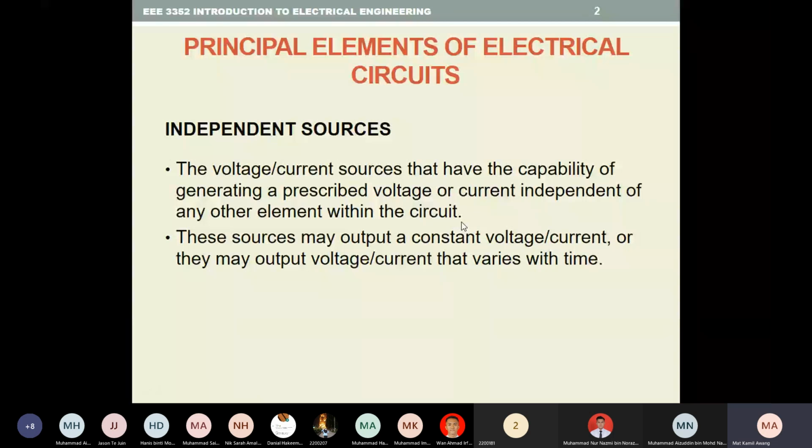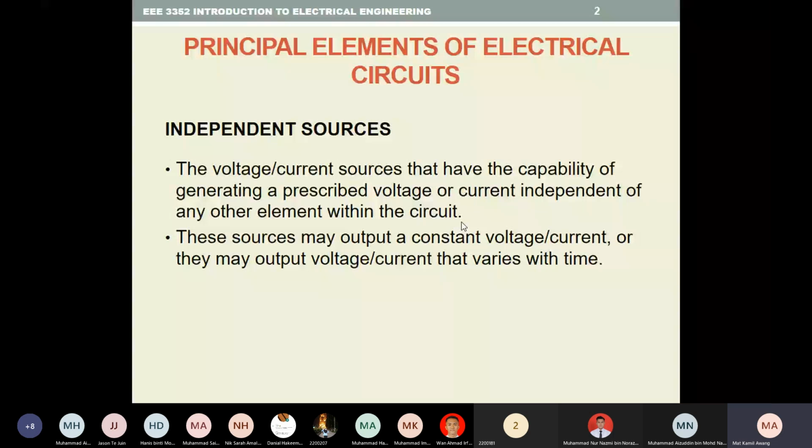This source may output a constant voltage or constant current, or they may output voltage or current that varies with time. If it's constant voltage or current, this is called DC. If it varies with time, this we call AC, alternating current. If constant, we get direct current, DC.